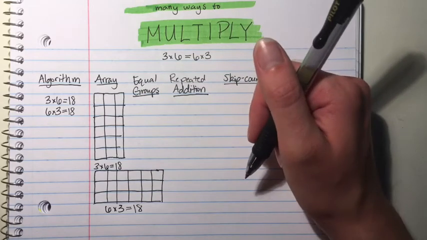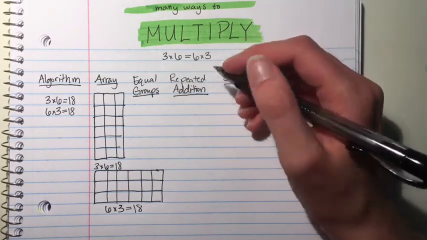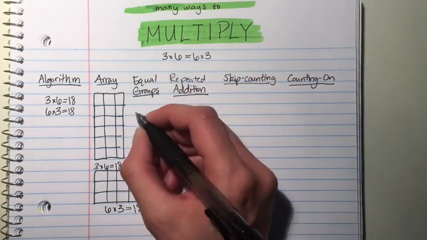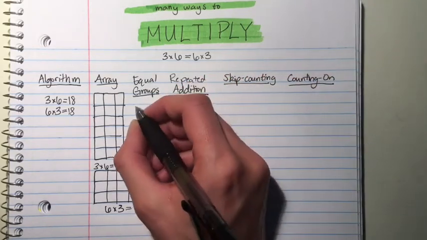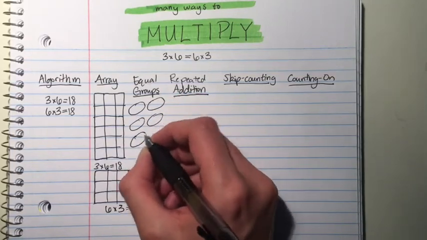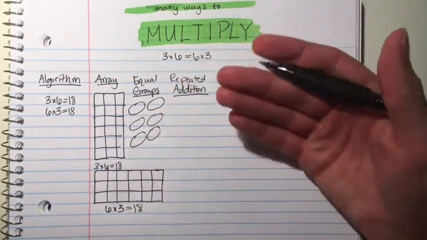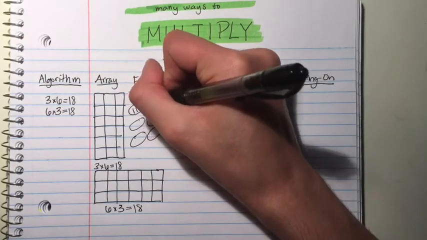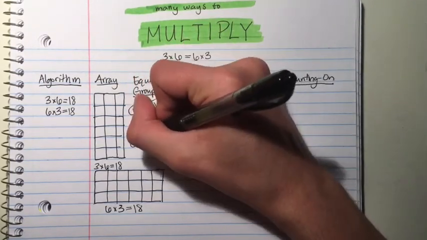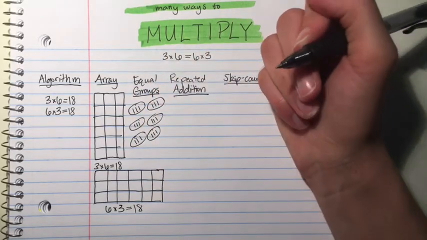Equal groups is going to be pretty much the same concept. I'm going to draw either 6 equal groups of 3 or 3 equal groups of 6. And you'll see that I get the same answer either way. So here's 6 groups. And as I said, it's 6 equal groups of 3, so each one will have 3 in it. And it's called equal groups because they all have the same number.